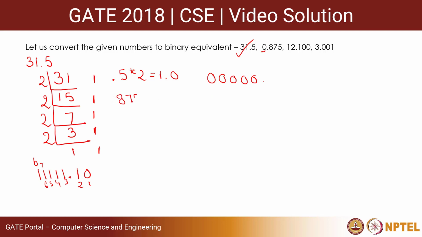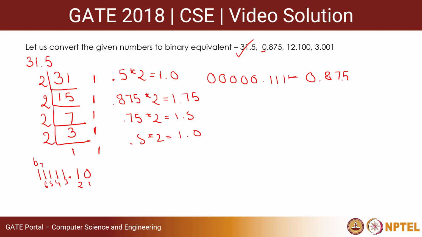You have to multiply it by 2, which is 1.75. 0.75 multiplied by 2 is 1.5. 0.5 multiplied by 2 is 1.0. So it is 111 after the point. Again, we can represent this using the bit pattern given. So 0.875 also we can represent.